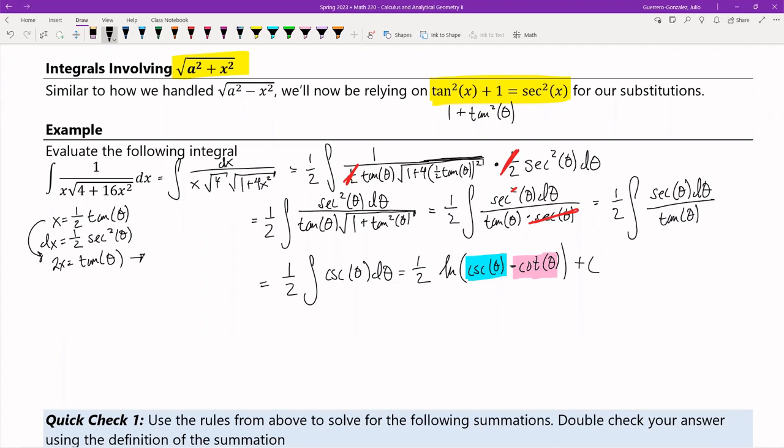So from here, we know 1 over 2x should be 1 over tangent theta, which is cotangent theta. So we have an expression for our pink portion there.